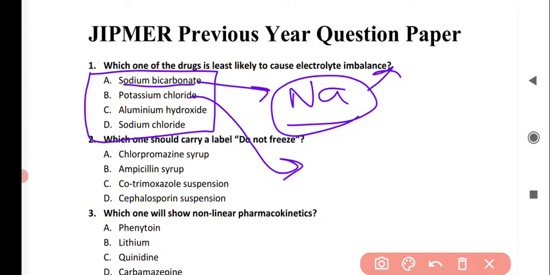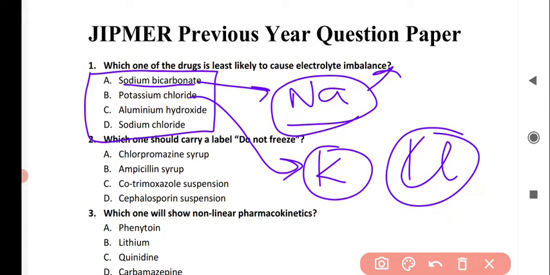Then potassium chloride: here we will get potassium and chloride, so they can perform their specific functions. Then from aluminum hydroxide we will not get any specific electrolyte that is mainly responsible for electrolyte imbalance. So for this question the answer is option C.